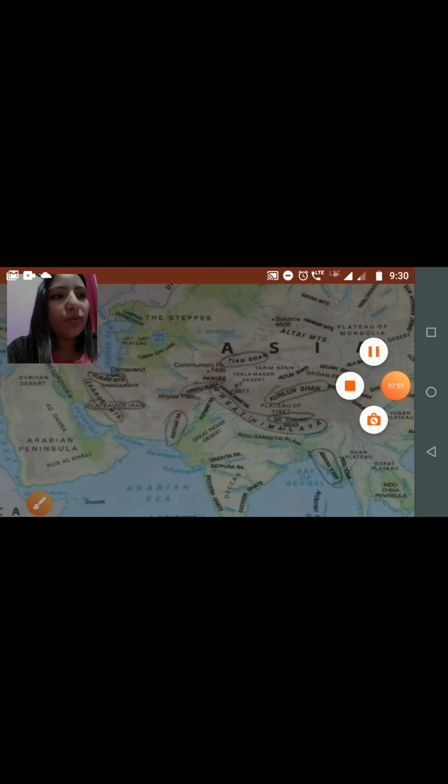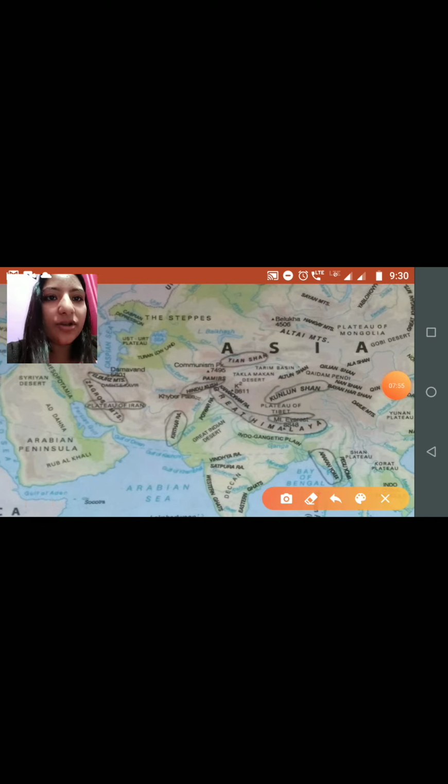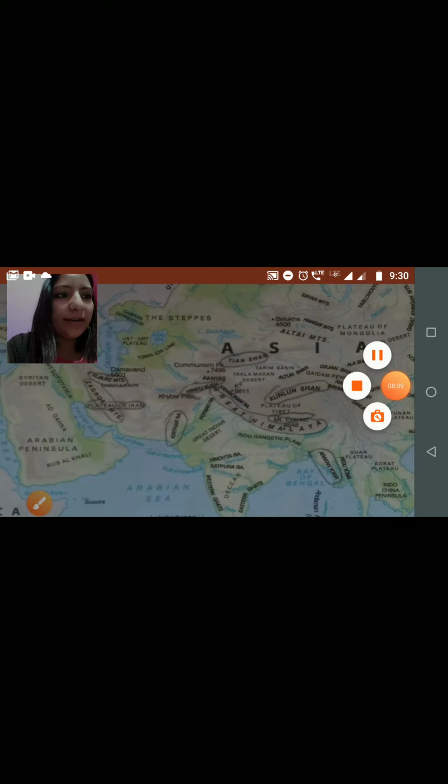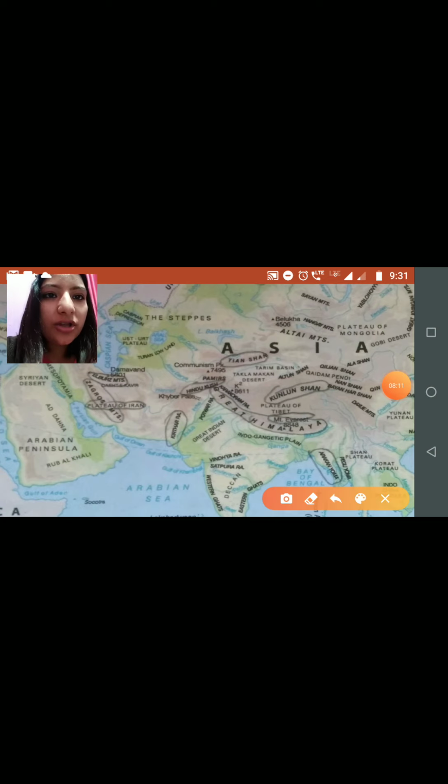Okay, now we have another important range here, the Zagros range, which is the largest mountain range of the region, extending for 1500 kilometers. Then we have another intermountain plateau, the Plateau of Iran, between the Zagros mountain range and the Elburz mountain range.